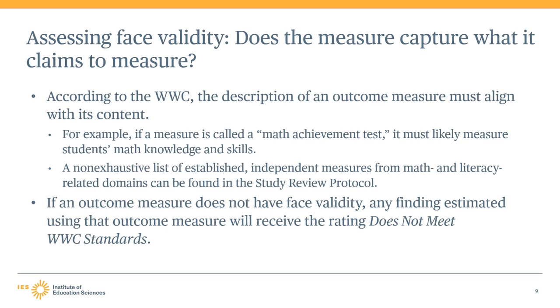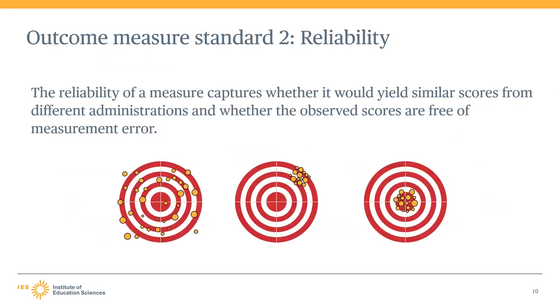If reviewers are unsure whether a measure has face validity or has potential concerns about the face validity of a measure, they can flag this for consideration by review team leadership. Any finding based on an outcome measure without face validity will receive the does not meet WWC standards research rating.